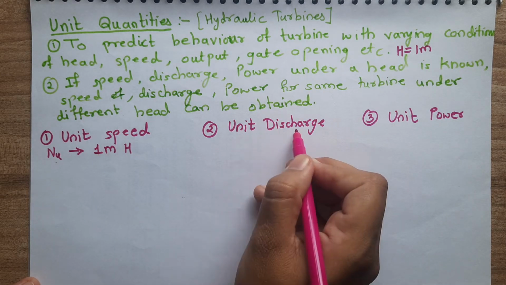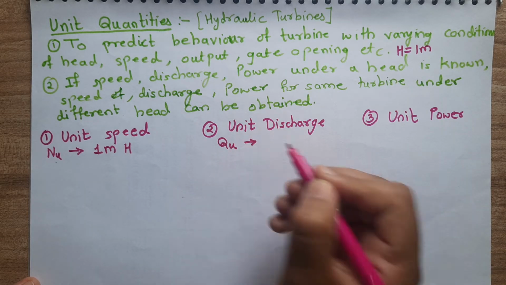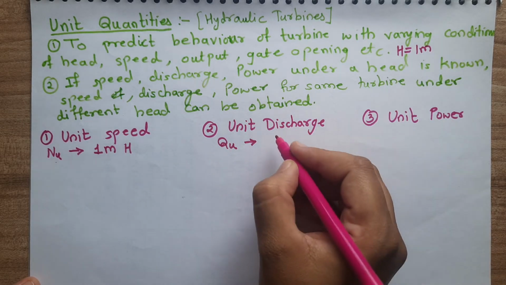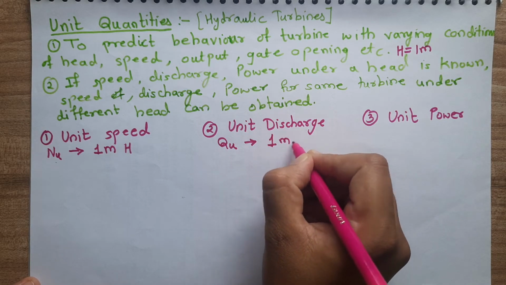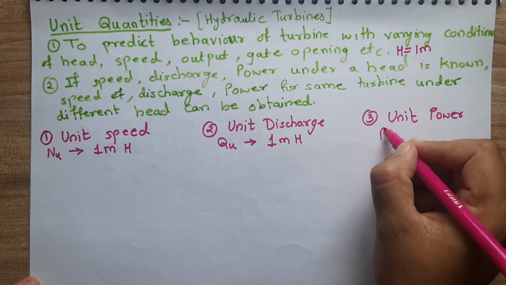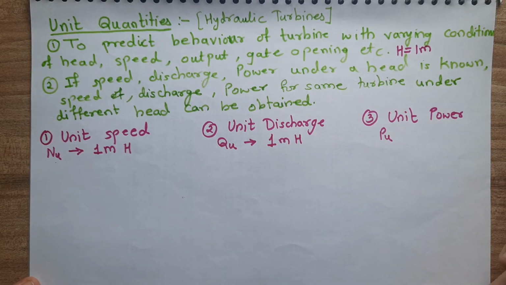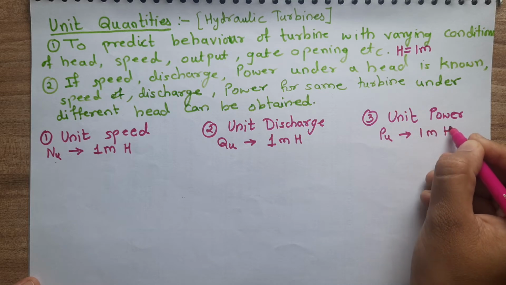Similarly, unit discharge is denoted by QU. It is the discharge of the turbine when the turbine is working under 1 meter of head. Again, the next one is unit power, denoted by PU. It is the power obtained by the turbine when the turbine is working under 1 meter of head.